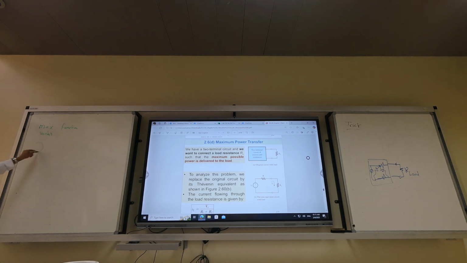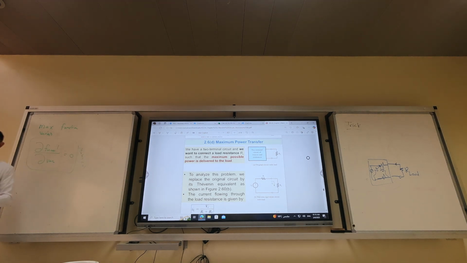You need to take the derivative of that function with respect to that variable, and you equate it to 0. This is Math 201. Actually, 101 too, but in 201 you do calculus.